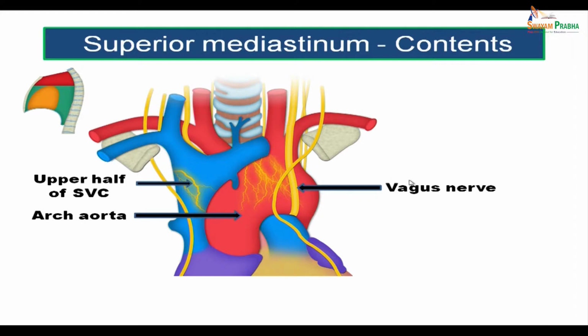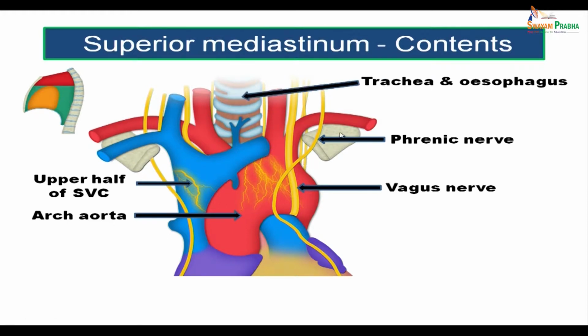You also find the nerves, that is the right and the left vagus nerves, and the right and the left phrenic nerves. In the prevertebral region, you find the trachea with the esophagus, accompanied on the left side by the thoracic duct.